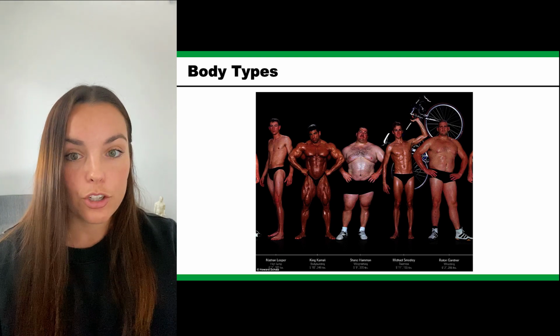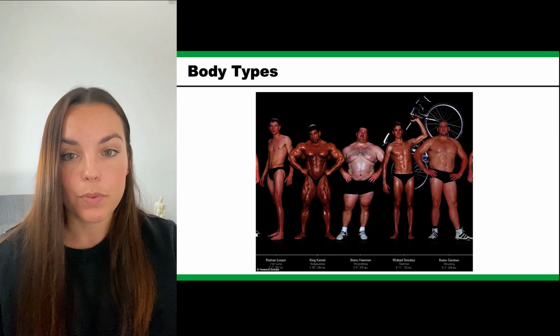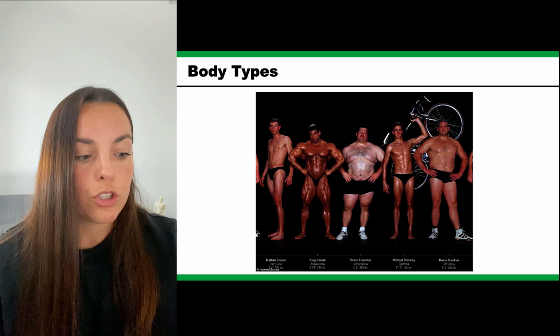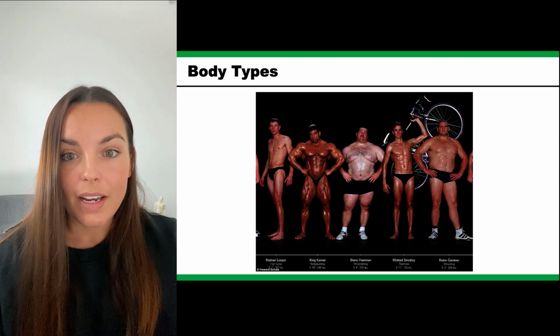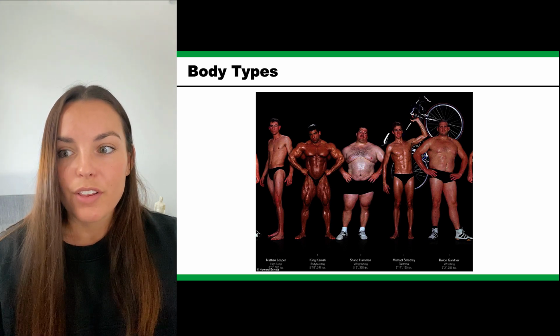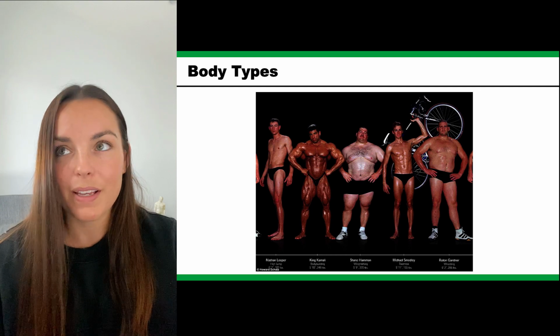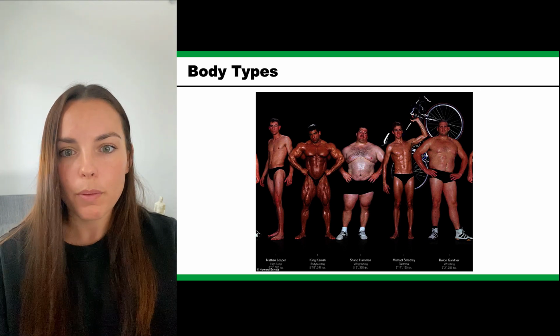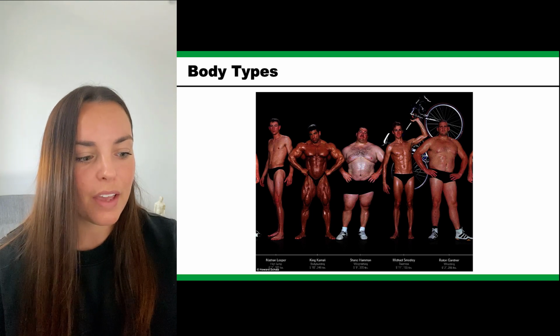And then for the endomorphs, where perhaps we see people with some more body fat, he said that they were jolly, lazy, and selfish. So the origin of these somatotyping types is really strange. You probably wouldn't have thought that that's where they came from.